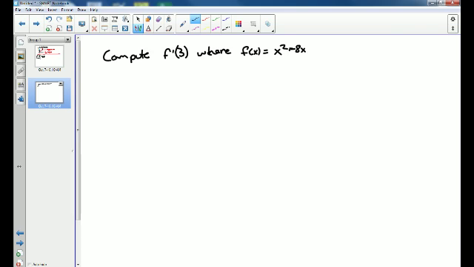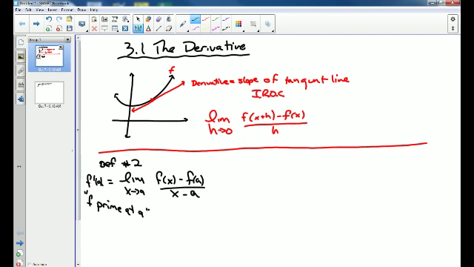So what's our a value? a is 3. So if we're going back to the definition here, a would be 3. Or if you're going to use it in this one, x is 3. So know that small difference there.